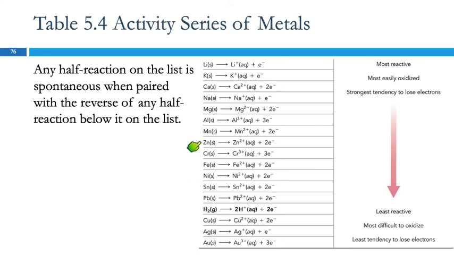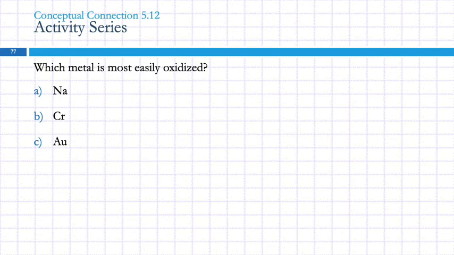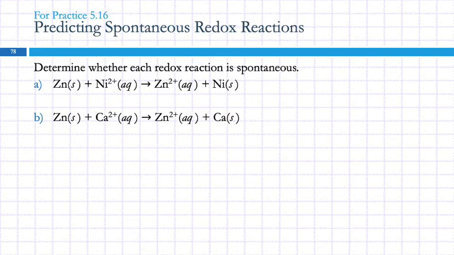So that tells me that zinc is going to leave with the girl. But did zinc come with the girl? No. That means that zinc is going to leave with the girl, he's going to have the charge, and nickel's going to go home alone, right? So we say this is a spontaneous reaction. That's going to happen.